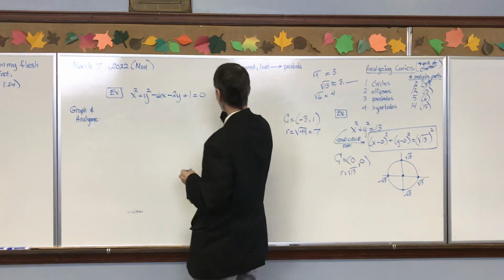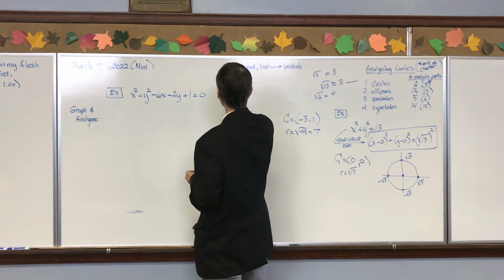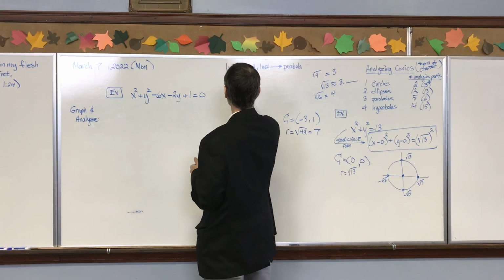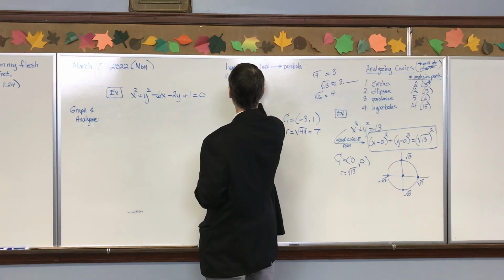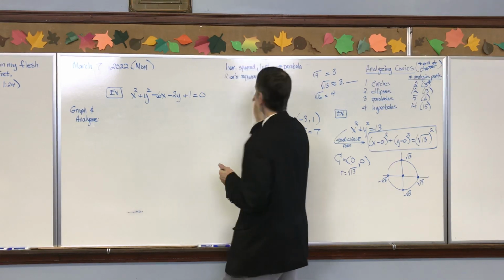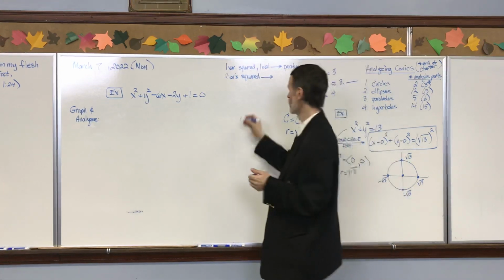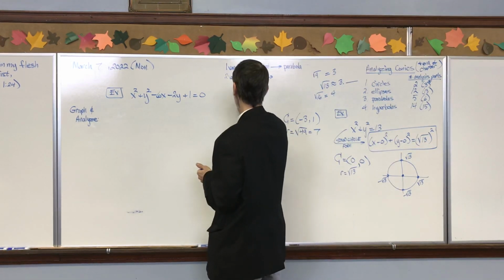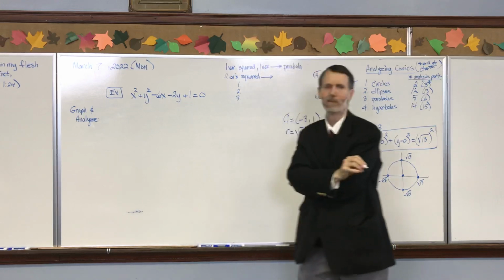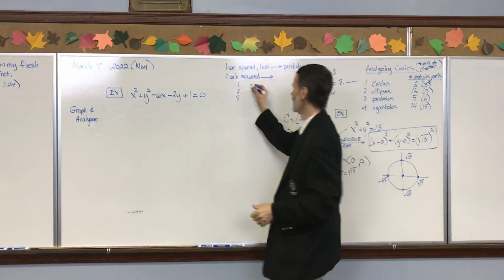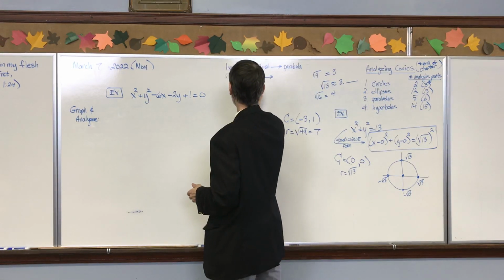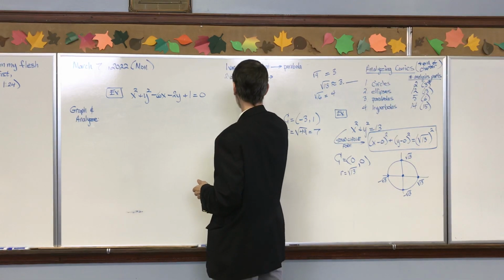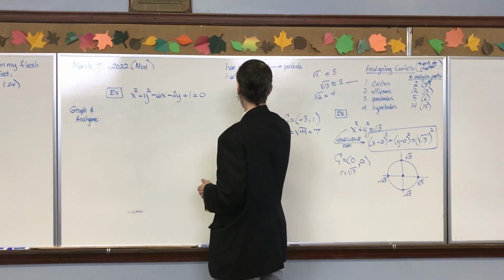What happens if both of them are squared? If the two variables are squared, there are actually 3 possibilities. It could be a circle, an ellipse, or a hyperbola.